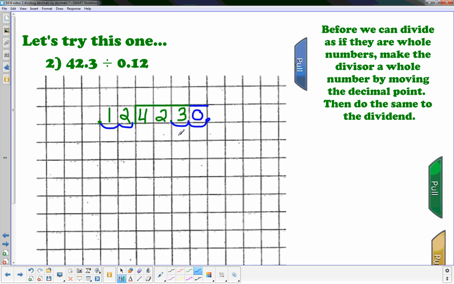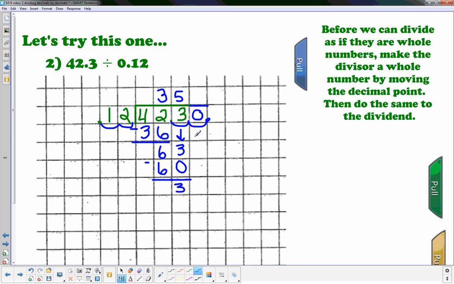Alright, so let's begin. 42 divided by 12, the closest I can get is 3. 3 times 12 is 36. When I subtract 42 minus 36, it gives me 6. I bring down the 3. Now I have to remember my facts of 12. 12 times 5 is 60.